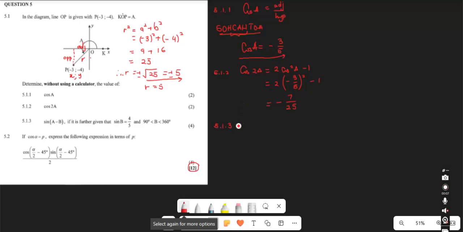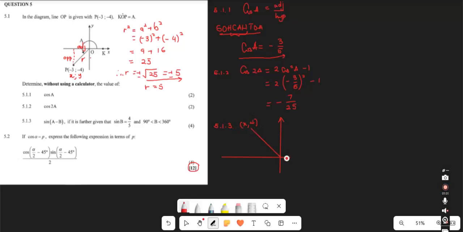Okay, so 5.1.3, they're saying sine (A minus B). If it is further given that sine B is equal to 4 over 5, the angle B is between 90 and 360. So this means that when we are drawing our Cartesian coordinates, angle B is going to be in the quadrant between 90 and 360. Here is r, and y is 4.